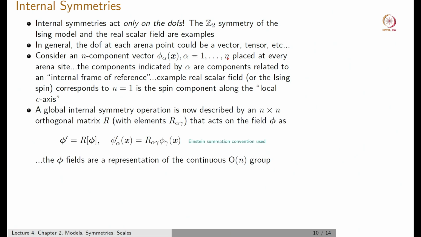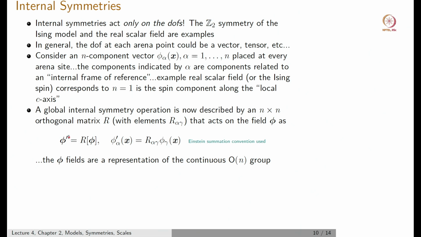Okay. Now we can think of introducing a symmetry operation using this n component vector. So think of an n by n orthogonal matrix with elements R alpha beta. So R is the matrix and R alpha beta are the elements. This acts on the field phi, which is denoted in bold, like a vector, as follows.